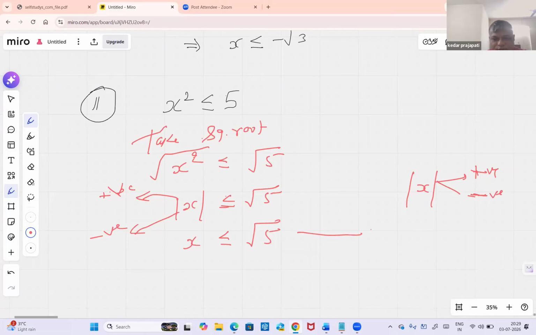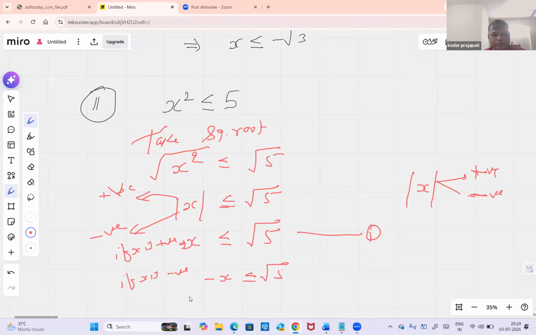This is one answer. If x is negative, then mod x will be minus x, less than or equal to root 5.